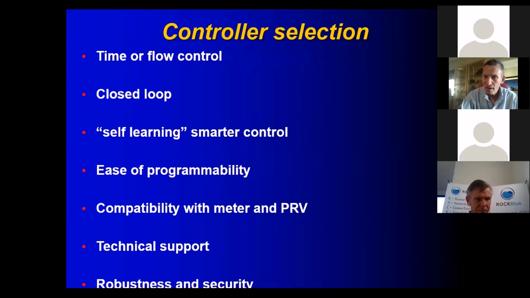You get different types of controllers. And there's various types. You get time control, flow control, you get closed loop control, you get very fancy controllers now that have self-learning algorithms. They can make the tea, they can do whatever you want.